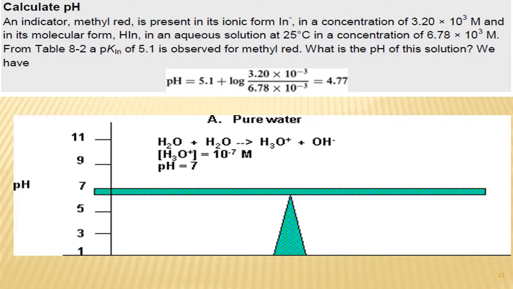If you take a look at the first level 3.25, this is the concentration of salt, and the concentration of acid HIn, In what we call the indicator, and H for the acid, equal to 6.78 multiplied by 10 to the power minus 3, and the result will be pH 4.77.